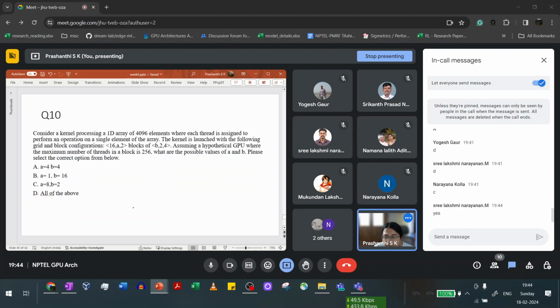Let's now look at the last question for today. Consider a kernel processing a 1D array of 4096 elements where each thread is assigned to perform an operation on a single element of the array. The kernel is launched with the following configuration: 16, A, 2, B, 24. Assuming a hypothetical GPU where the maximum number of threads in a block is 256, what are possible values of A and B?